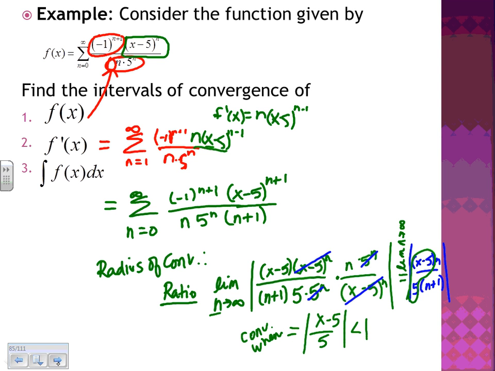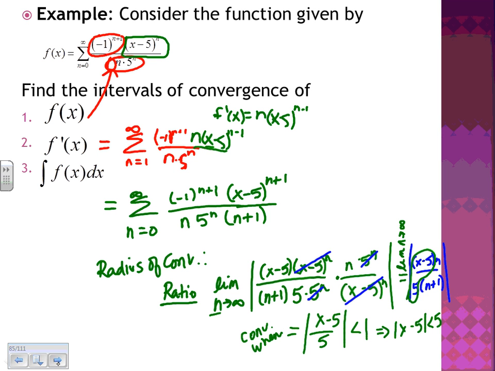So it's going to converge when that is less than 1. So my radius of convergence is going to be absolute value of x minus 5 less than 5. So I'm centered at 5, and my radius of convergence is 5.